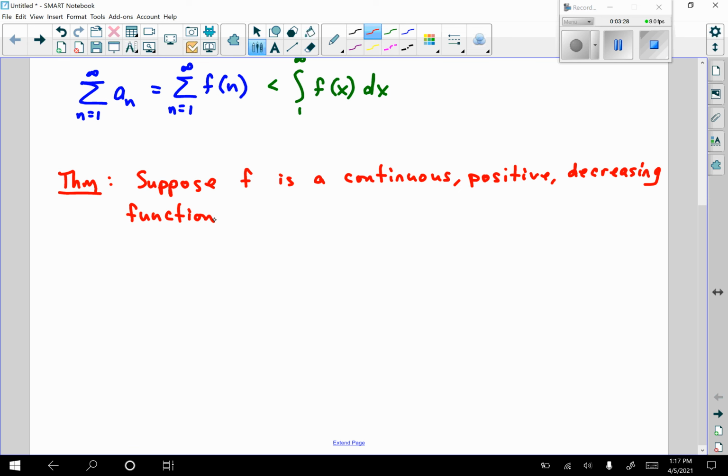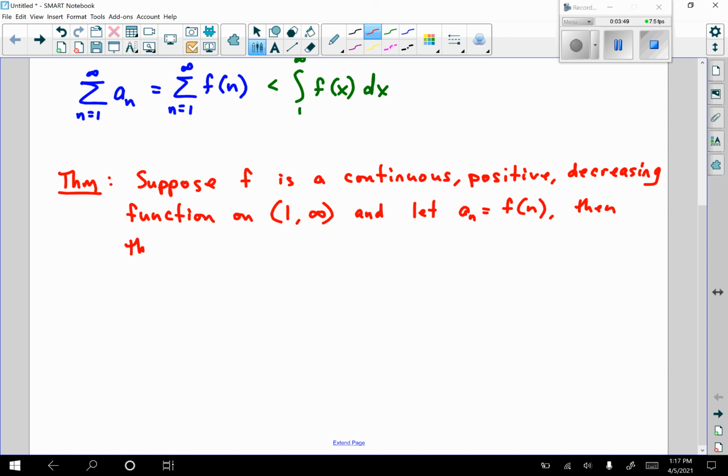So again, let's suppose f is a continuous, positive, decreasing function on the interval from 1 to infinity. And let a sub n, the sequence here, now be defined as our function f of n.